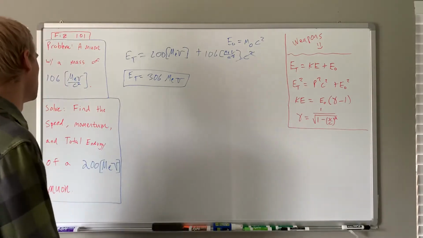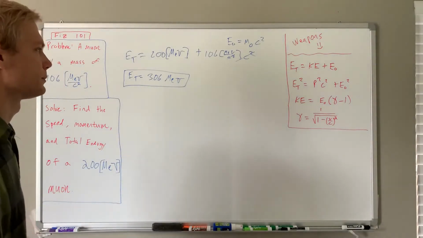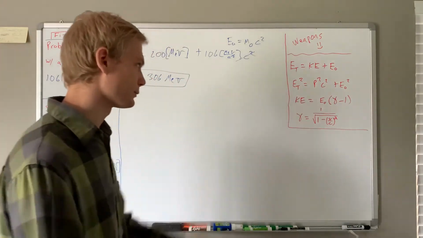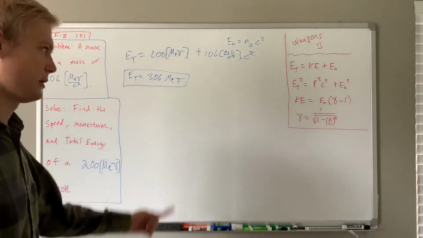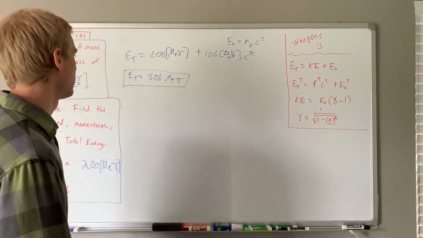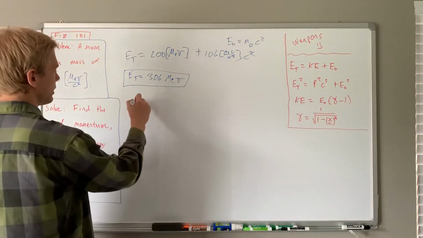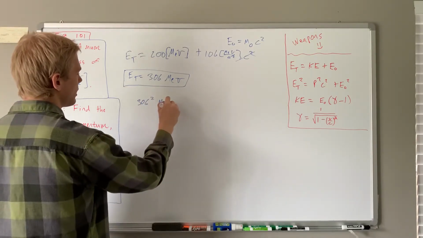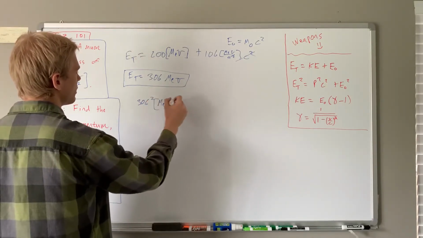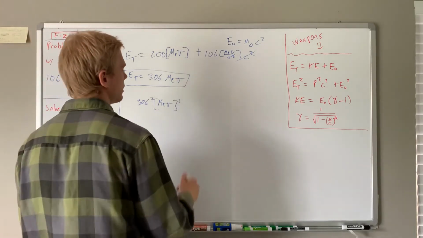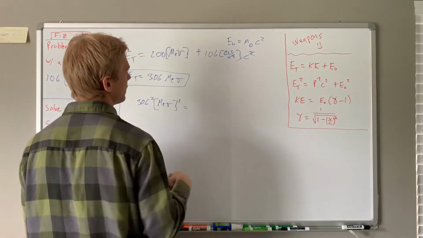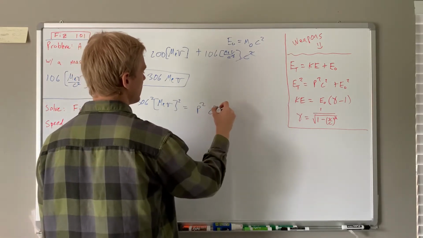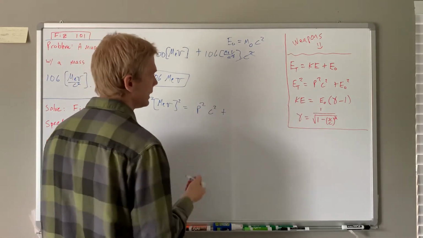No biggie. And now let's find the momentum. Alright, just apply this guy. It's the same thing, just keep track of your units. So we plug in E: 306 MeV squared is equal to momentum squared, which we don't know, times c squared, plus the rest energy squared.